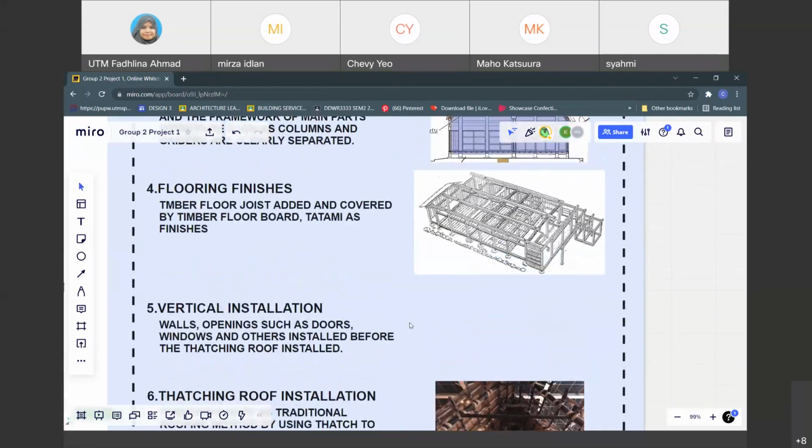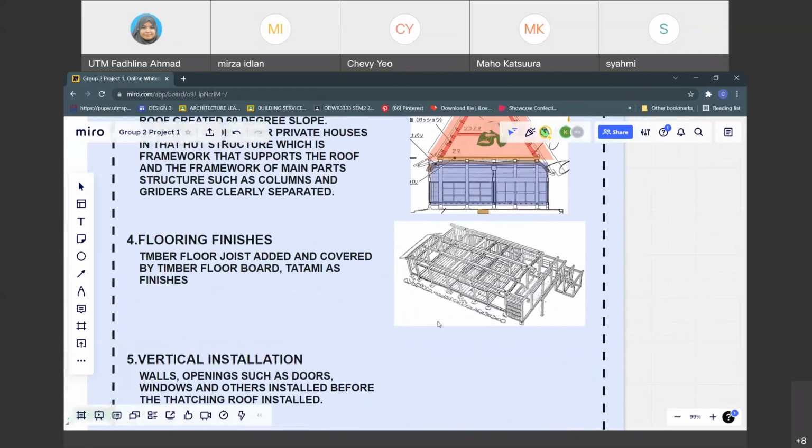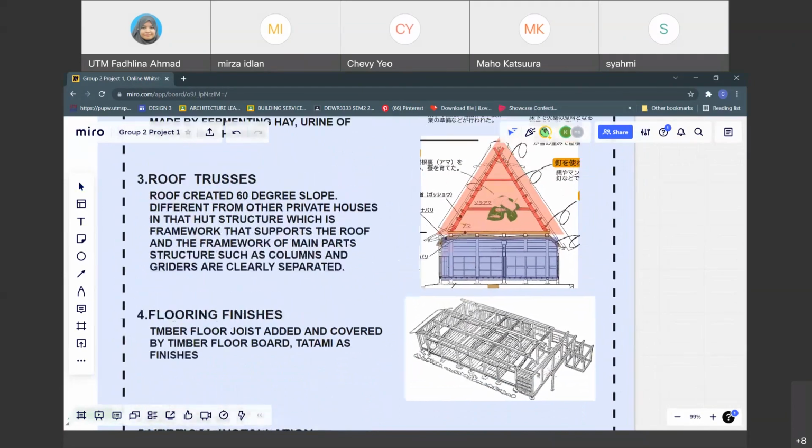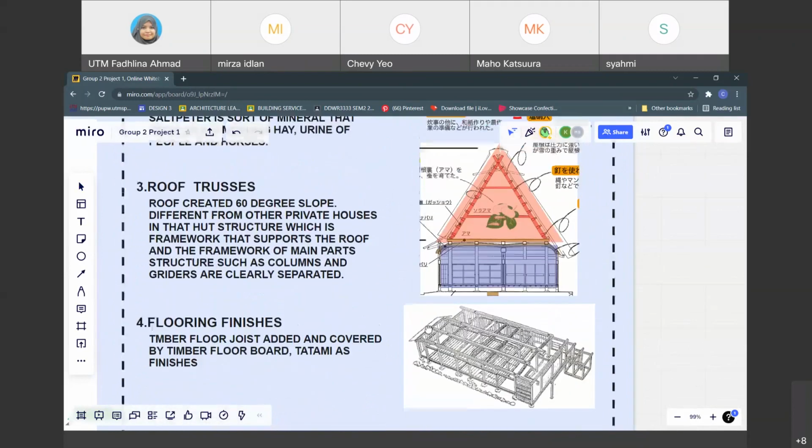I think about the way you arrange things. For instance, usually we start with the flooring, then the beam, then the opening, and the last one is the roof, or vice versa. But yours is here and there. Suddenly you're talking about the roof, which should be upper, and then suddenly flooring. So perhaps see it as a vertical or as an elevation.